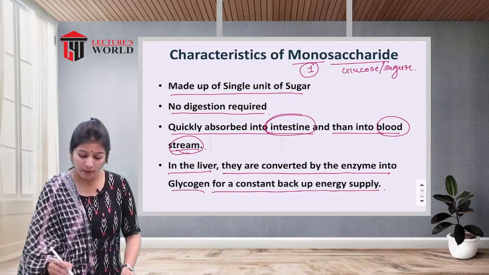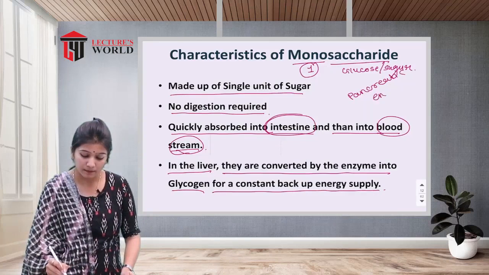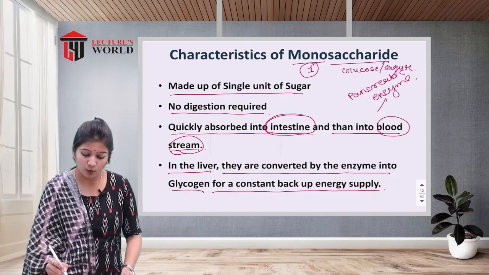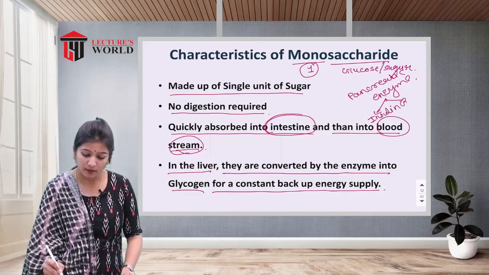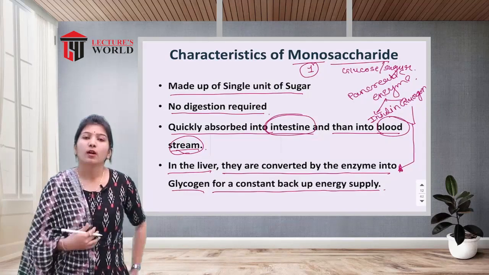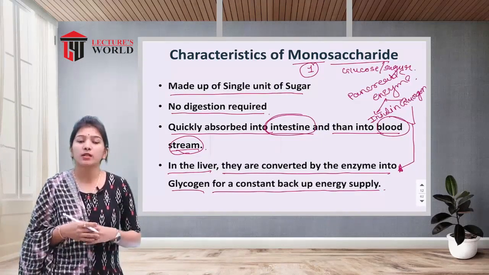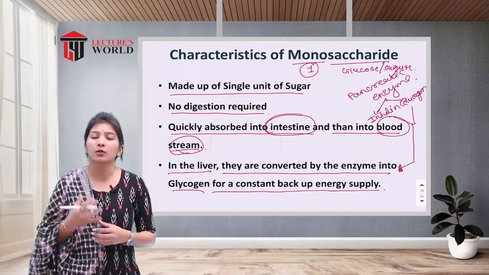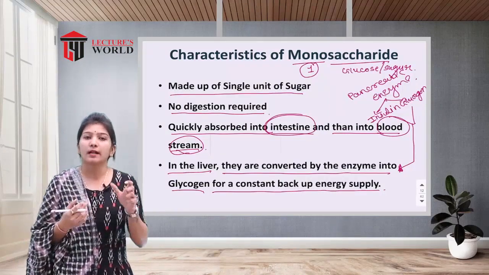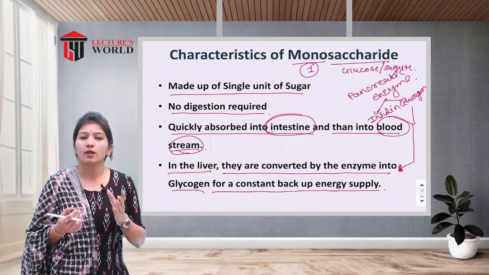With the help of pancreatic hormones, there are two types, insulin and glucagon, and both are required to convert glucose into glycogen. So whenever you have monosaccharide food containing the sugar unit, it is stored in our body in the form of glycogen.